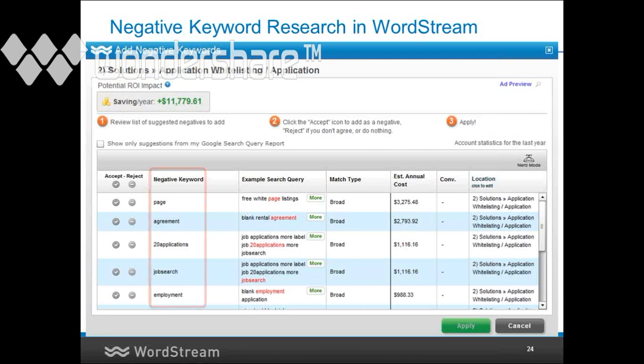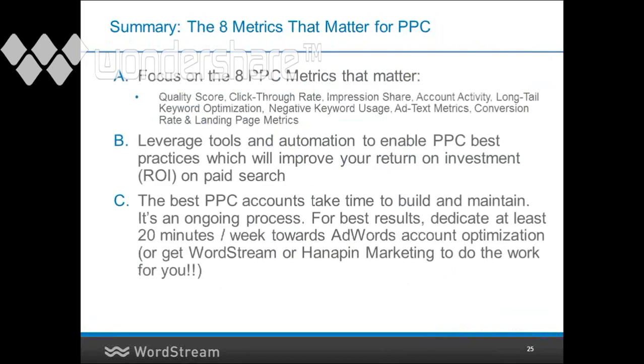So we found all this junk that might not be converting, and so we're suggesting that you set them as negatives. That typically takes a while, but our product can helpfully find these negative keywords for you and help you add them in a way that doesn't take very much time. It takes 10 seconds. So yeah, we're at the end of the webinar here.